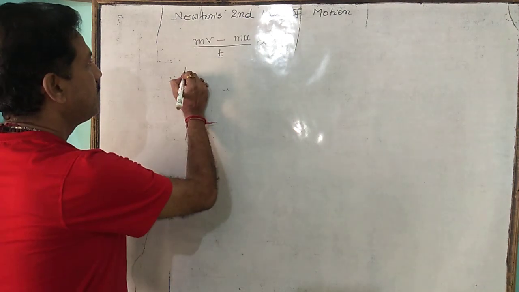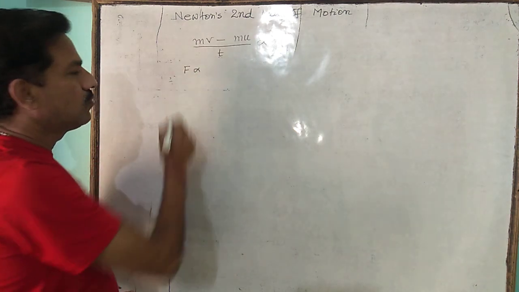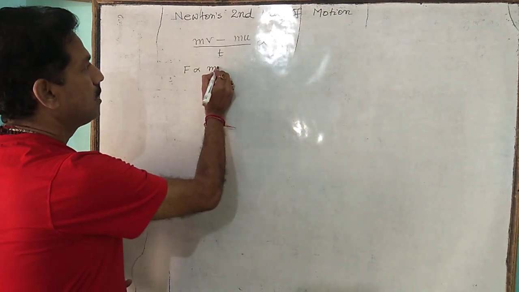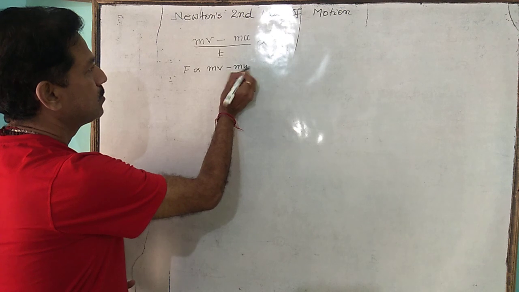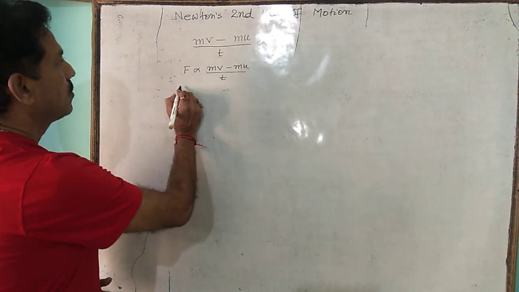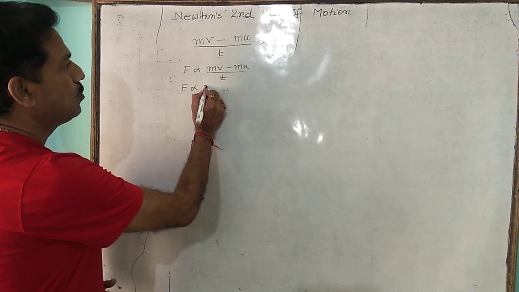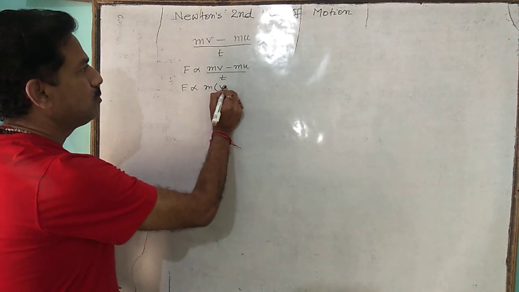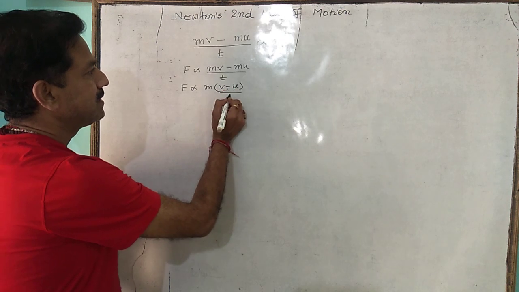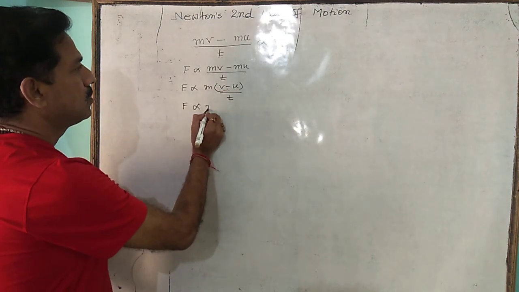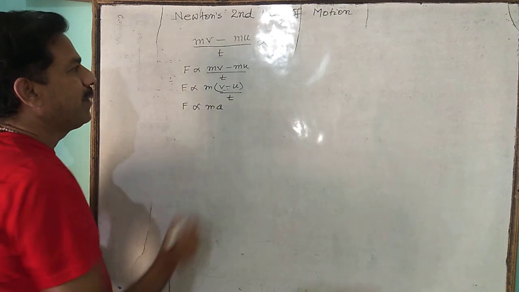So we can write the exerted force F proportional to mv minus mu by t, or F proportional to m into v minus u by t, or F proportional to ma.